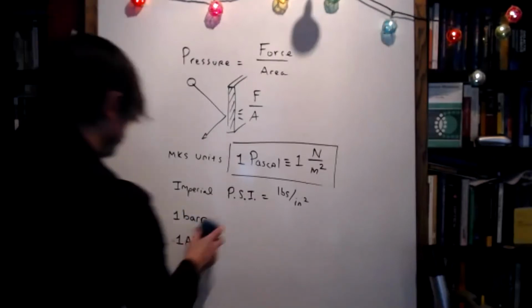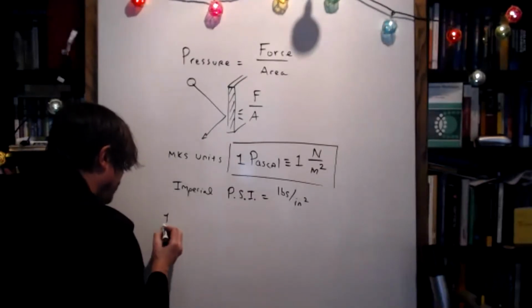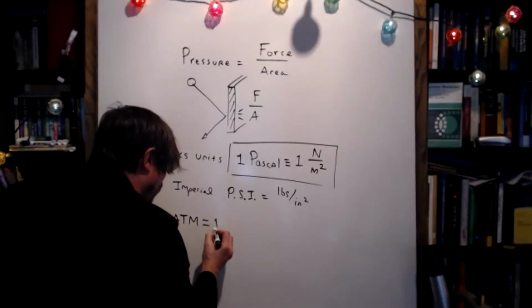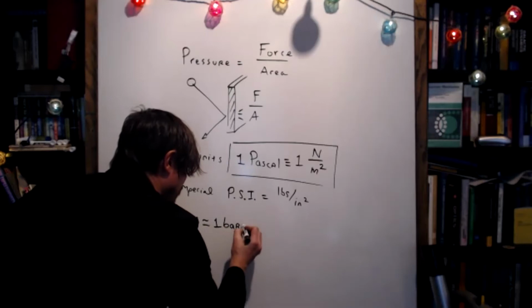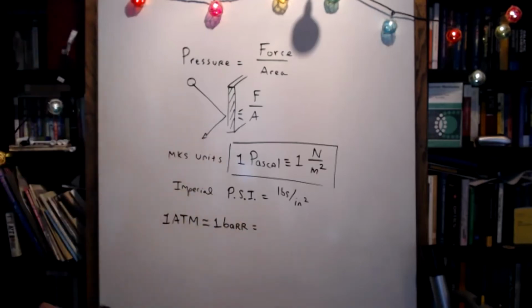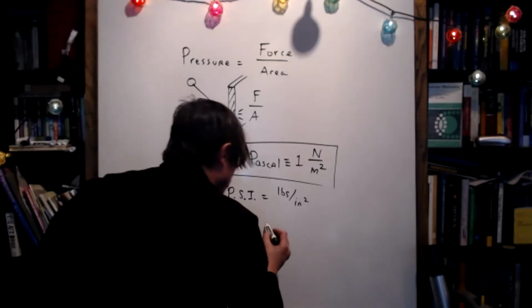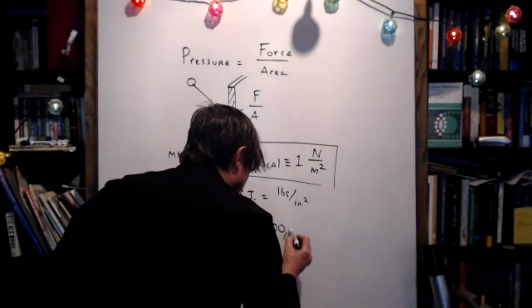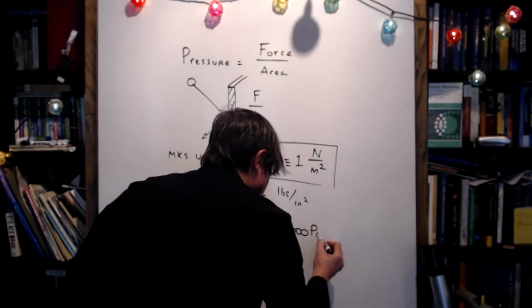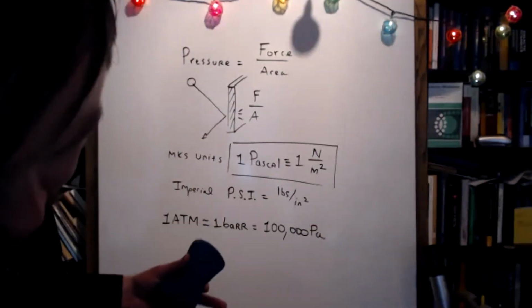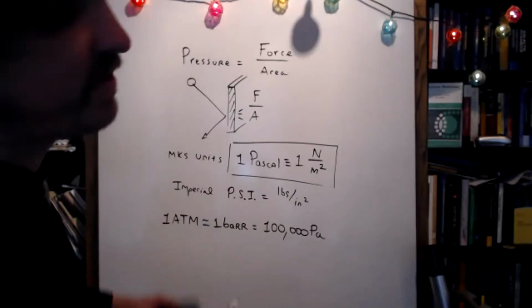But the truth is that 1 atmosphere is roughly equal to 1 bar. And they are both equal to the pressure at sea level, like here in Rhode Island. The pressure is 100,000 pascals. Just for funsies, 14.7 pounds per square inch.